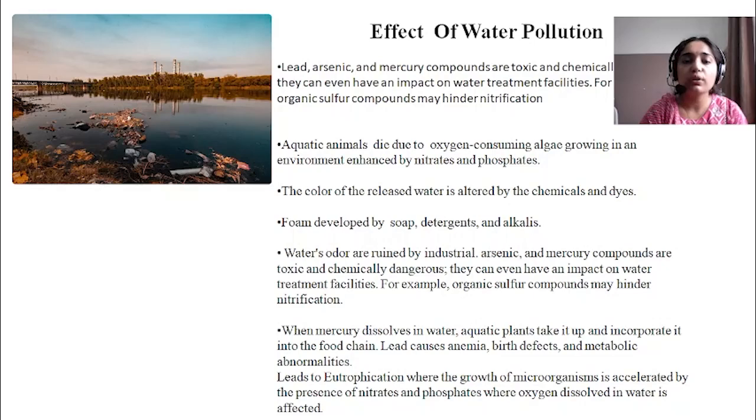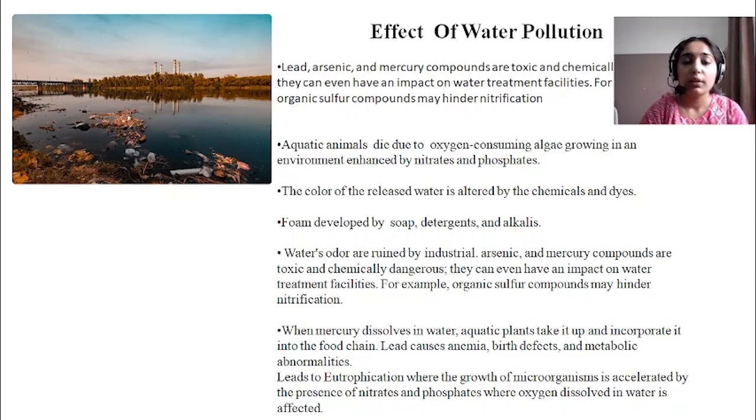So the odor of the water may be ruined, changed, or altered by industries, as these industries release arsenic and mercury compounds which are toxic and chemically dangerous. They can threaten human life or any living organism's life. For example, the organic sulfur compound.